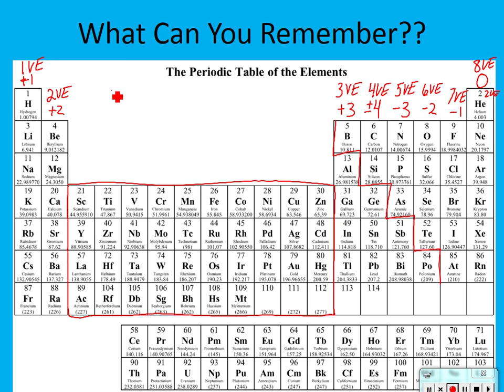Let's go with bonding. We're going to talk about bonding in just a second, but since we're labeling this, what if it is a metal and nonmetal? What kind of bond is that? That's called an ionic bond. Okay, that's good to remember. What if it is two nonmetals?